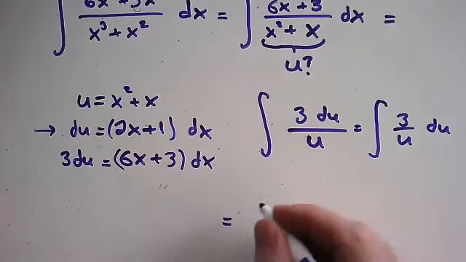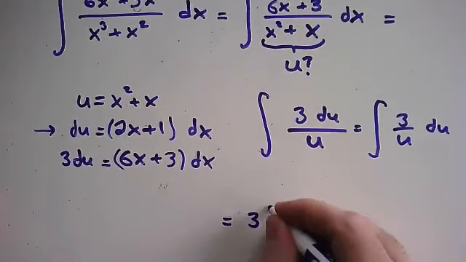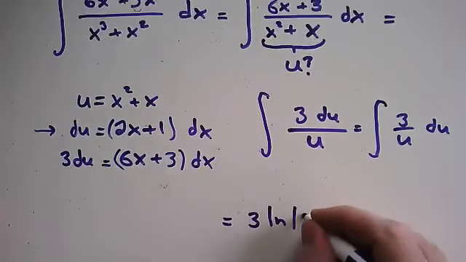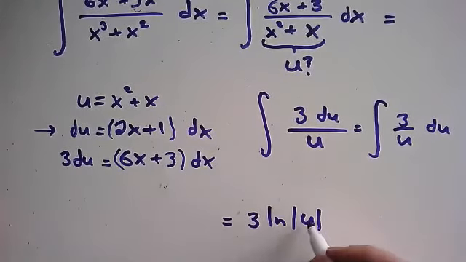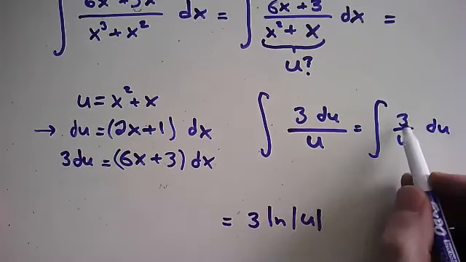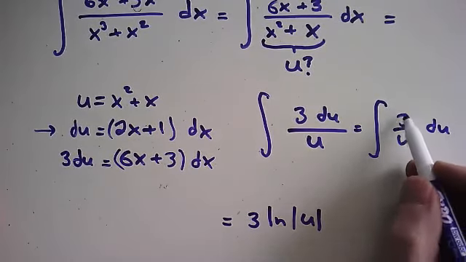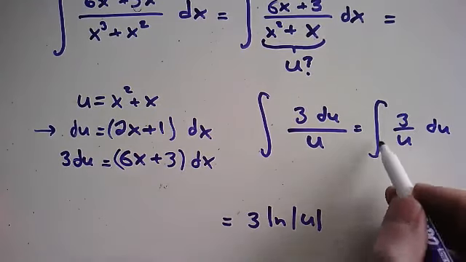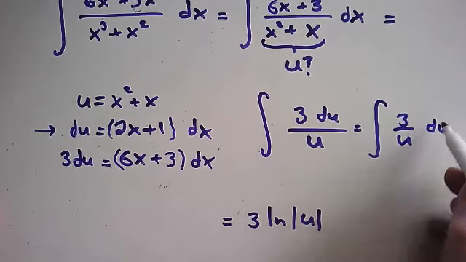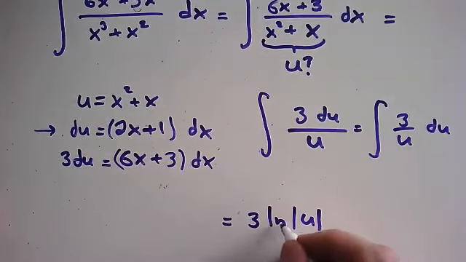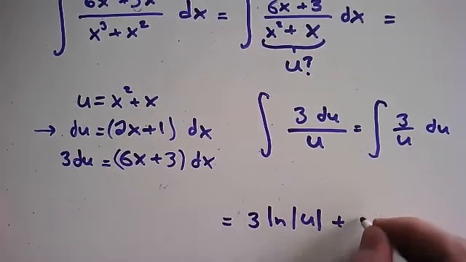So one thing that we'll do here is we'll take the natural log and we'll just put some absolute value bars around u to make sure that it's positive. Okay, so we have 3 times the antiderivative of 1 over u du. So 3 times natural log of absolute value of u plus c.